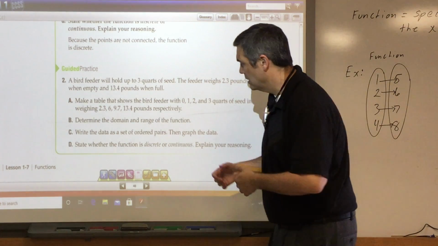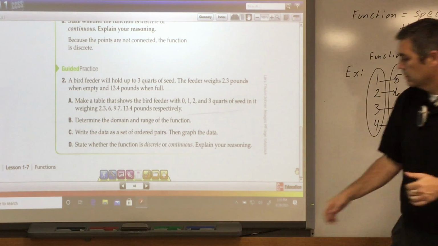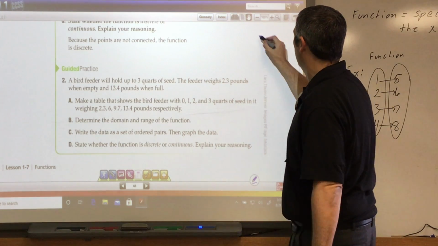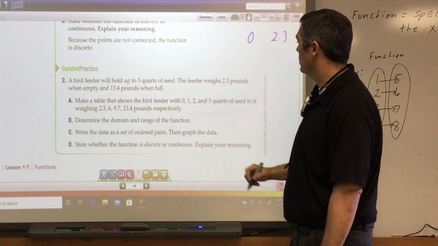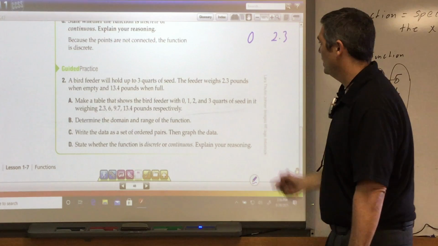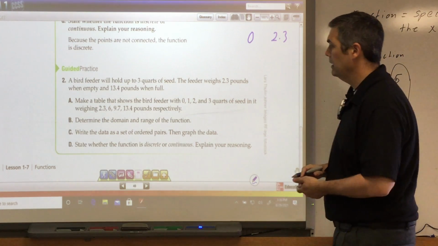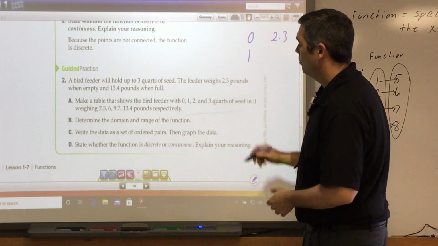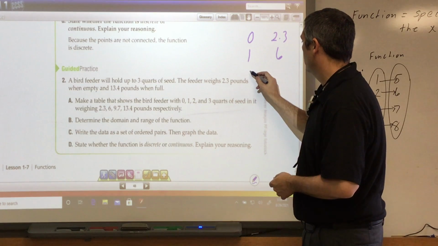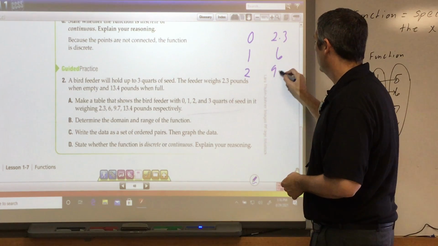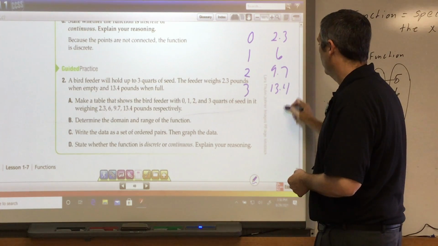So what they've done is they've actually given you your domain and they've given you your range. So here you have 0, 2.3. The feeder weighs 2.3 pounds, so when it has 0 quarts of feed in there, it weighs 2.3 pounds. When it has 1, it weighs 6. When it has 2, 9.7. 3, 13.4.